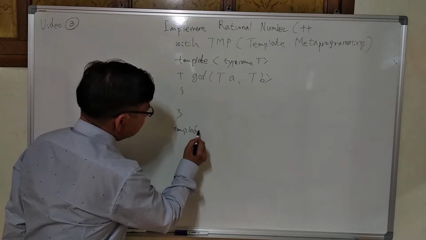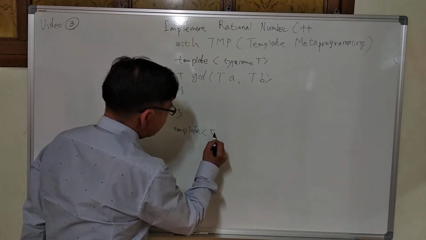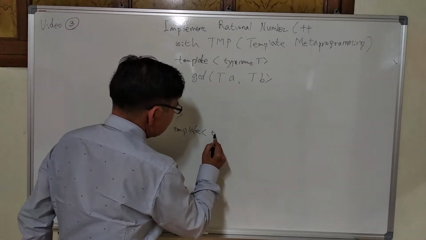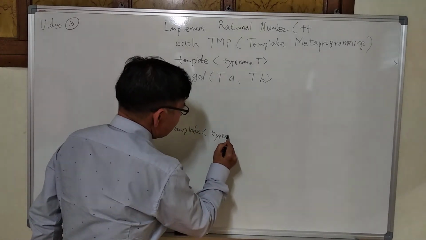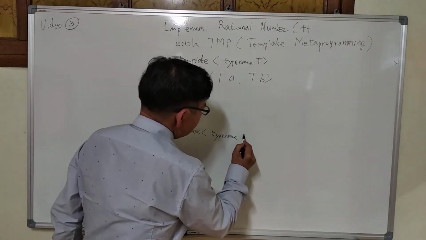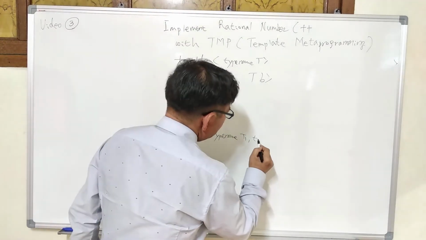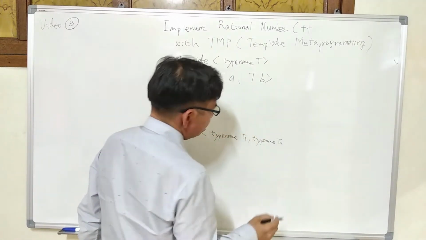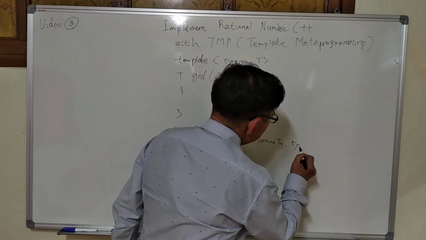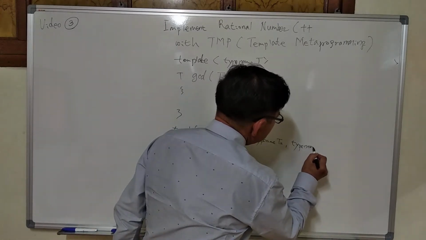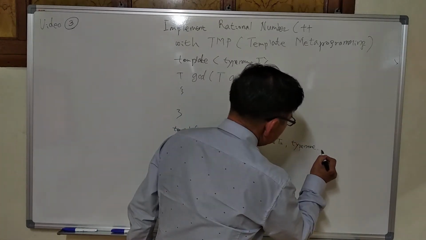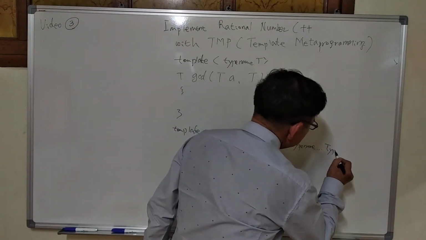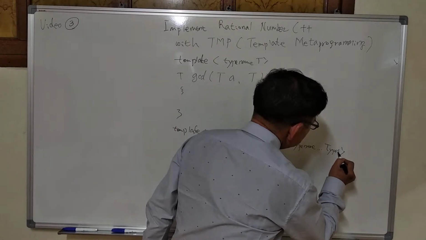Template typename T1, typename T2, then typename... with an ellipsis, then Types, like this.